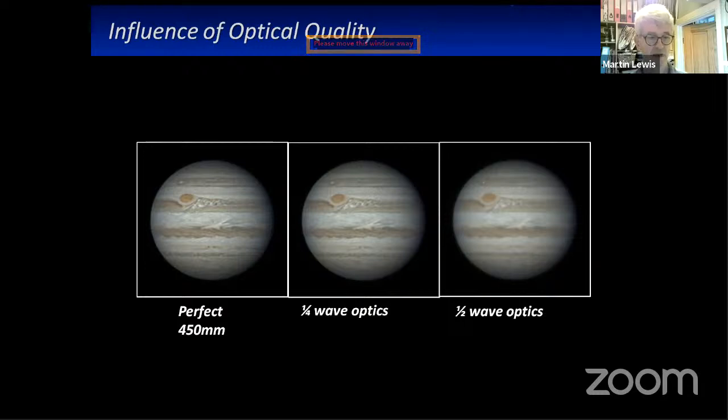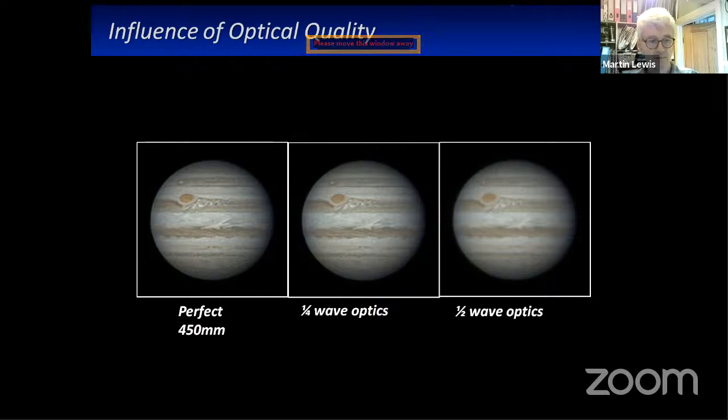And a quarter of a wave is really regarded as the standard for telescope optics. So the deviation in the wavefront should only be a quarter of a wave away from that of a perfect parabola, and that requires the surface to be within 1/8 of a wave of the perfect shape.